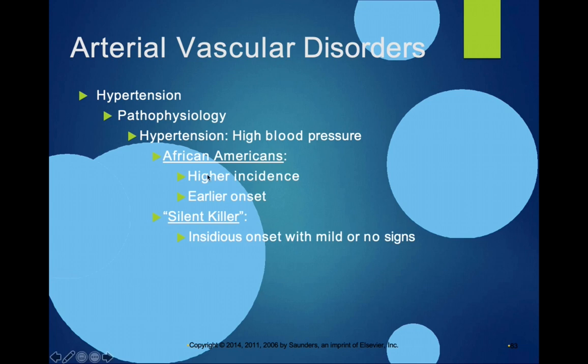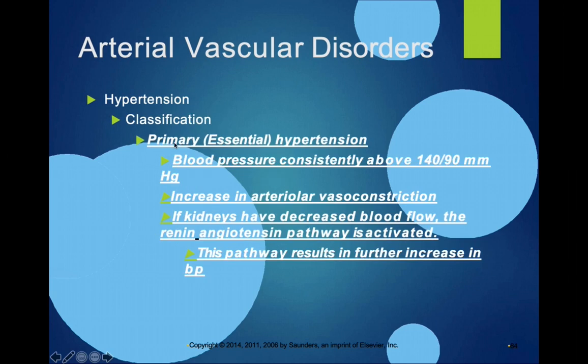It's commonly seen in African Americans, who have a higher incidence, and it's known as the silent killer. It's an insidious onset with mild to no symptoms. Let's look at primary hypertension, which is essential. This is blood pressure consistently above 140/90. 140 is systolic, 90 is diastolic.